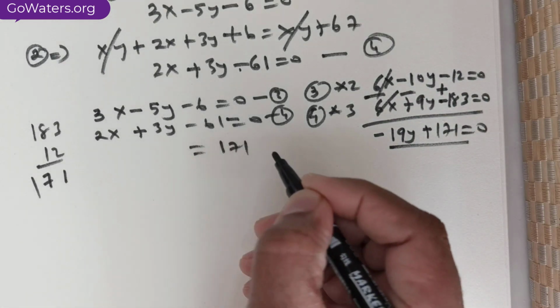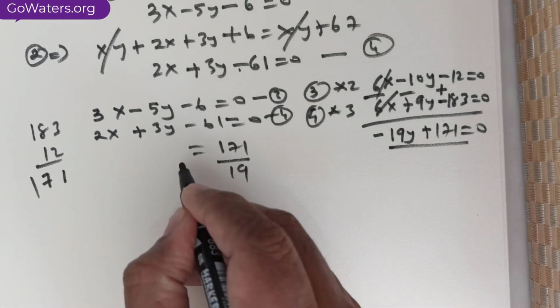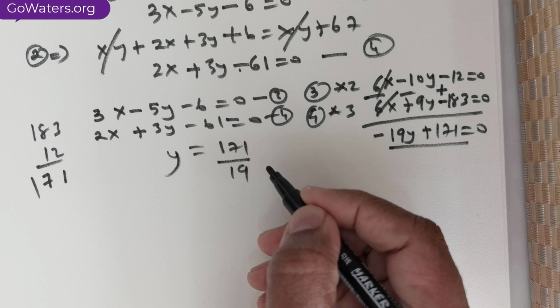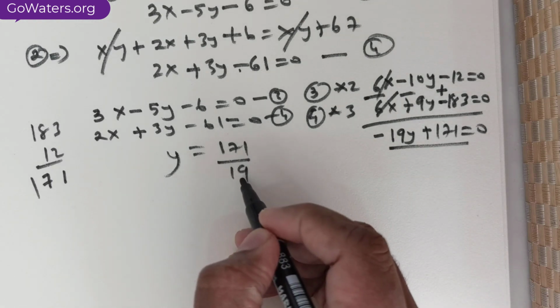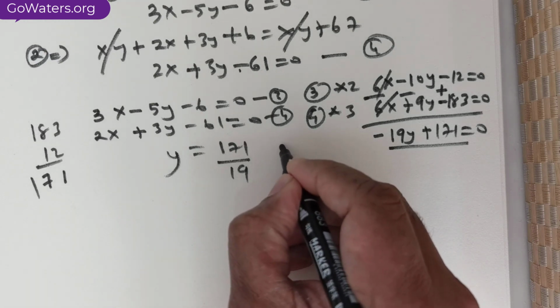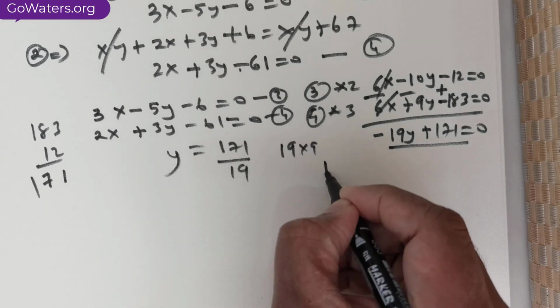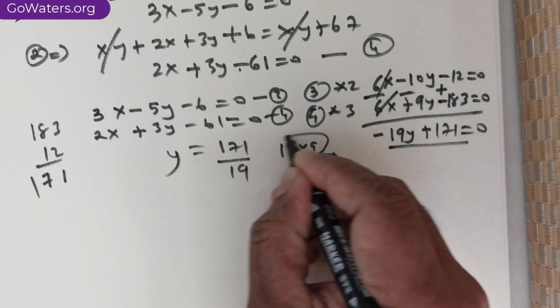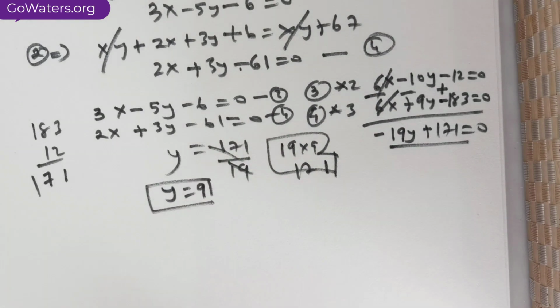So 171 divided by 19 is equal to y. Now 171 can be divided by 19 if it is 9 times, because 19 times 9, 9 9s are 81, 8 and 171. Yeah, that's perfect. So y is equal to 9.